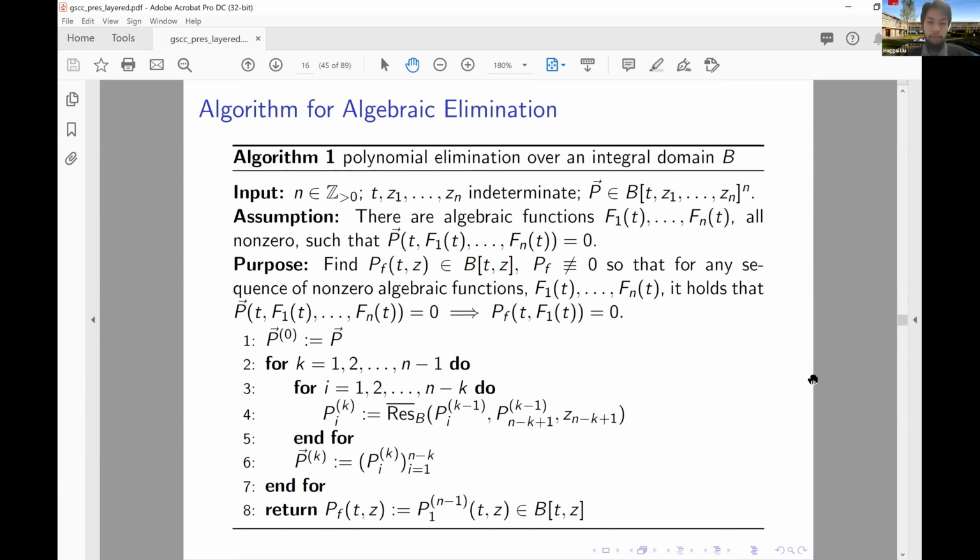So here's an algorithm for algebraic elimination. What's special about this is that at each stage, we repeatedly apply a reduced resultant computation rather than the classic resultant. At the end, we keep going until we only have 1 polynomial left in our system of equations. And that gives us a satisfying polynomial.